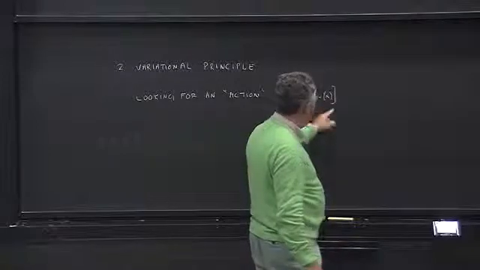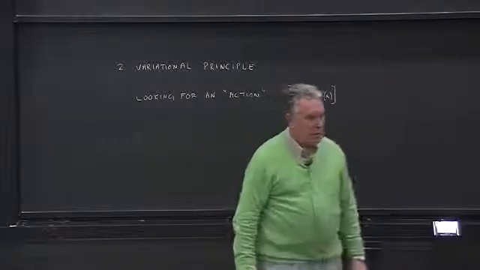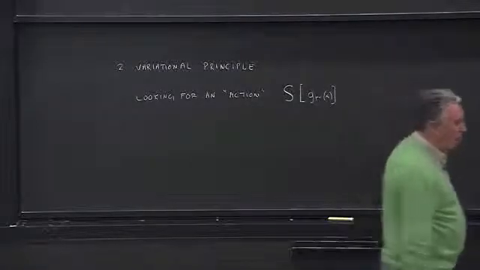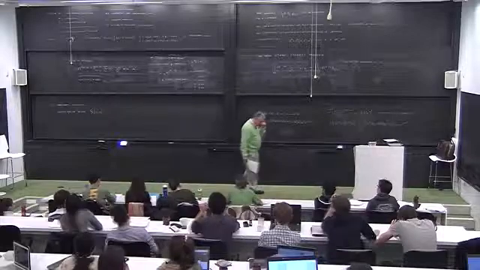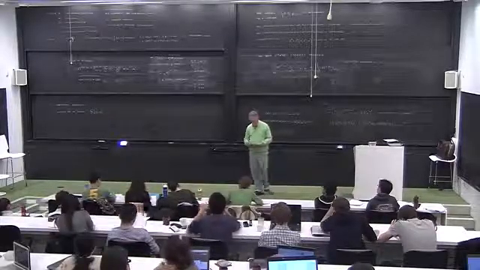So I put square brackets to say that it depends on g. That means in practice it's an integral of a Lagrangian density that can depend on g and derivatives of g.